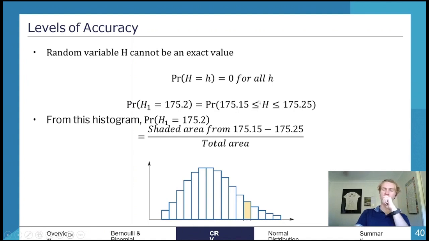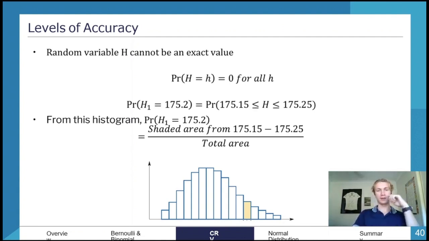One thing to note is that we don't need a less than or equal to or greater than or equal to sign here for h, because the probability that h equals 175.15 is likewise just going to be 0 according to this golden rule. If we're talking about continuous variables, the probability of a single point is 0. It's only when we talk in terms of intervals that it has a value.